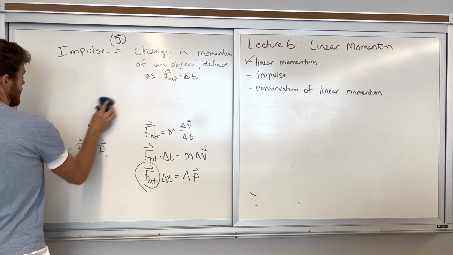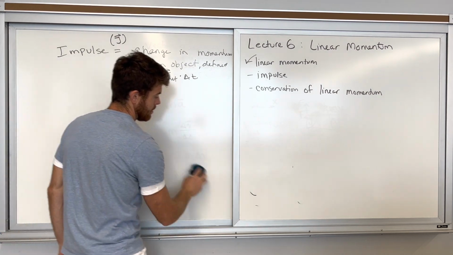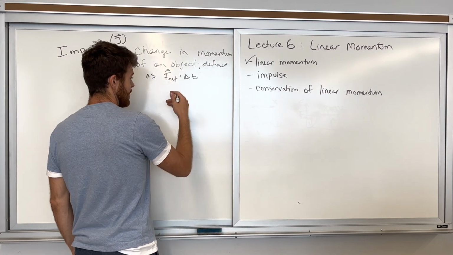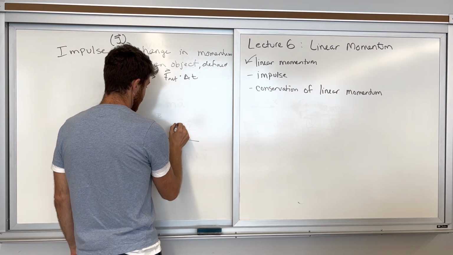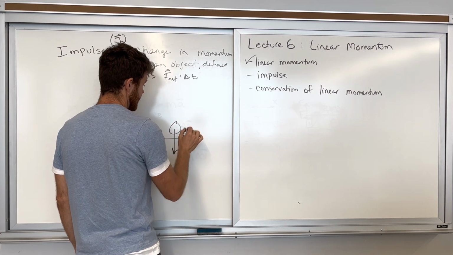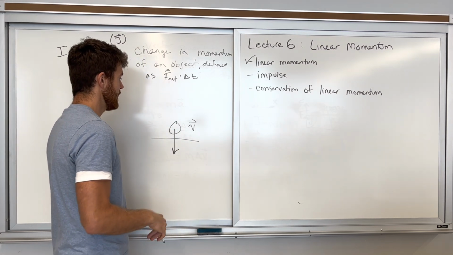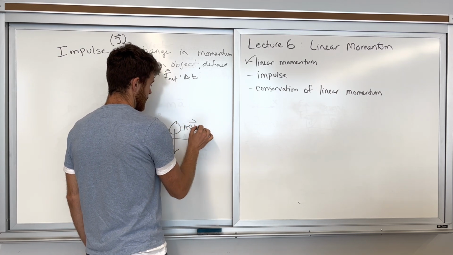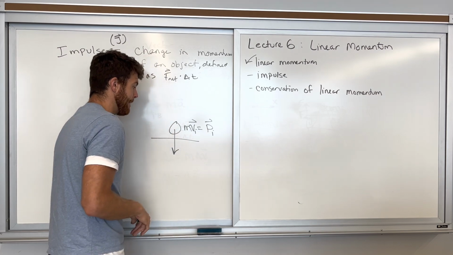If you drop an egg, the egg begins to accelerate. Right before it hits the ground, that egg has some velocity v and a mass m, and so it has some initial momentum p.